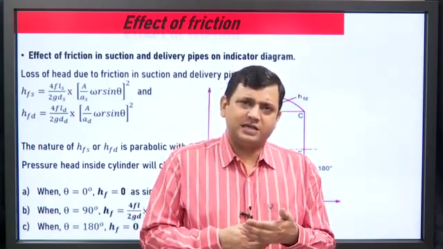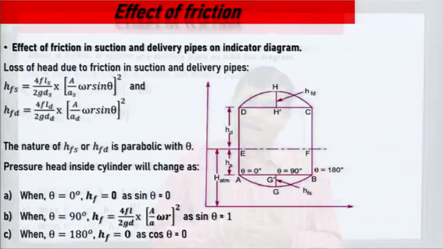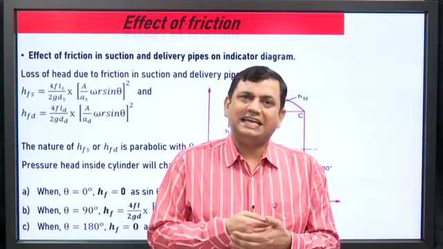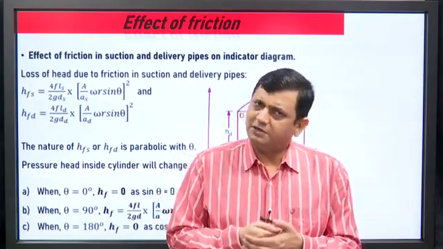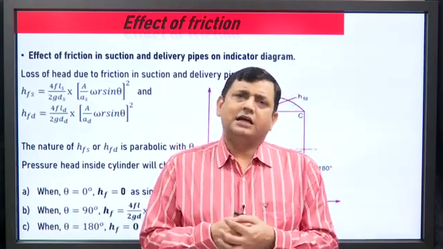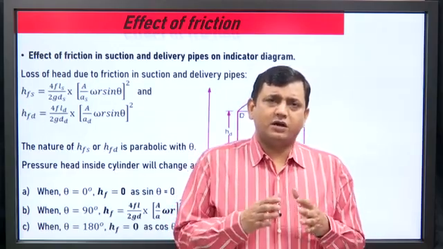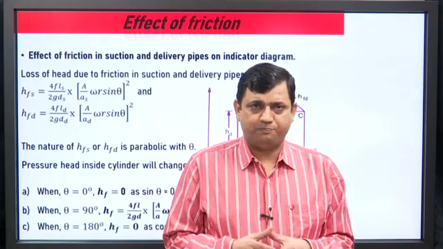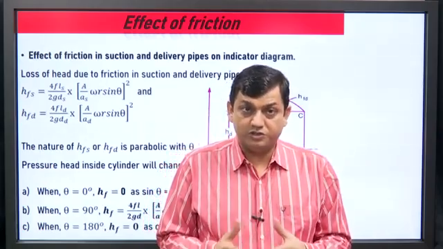So at the beginning HAS is positive, at the middle of the stroke it is 0, at the end of the stroke it is minus HAS. Similarly for the delivery stroke, at the beginning HAD is positive, at the middle of the stroke 0, and at the end of the stroke HAD becomes negative. We drew the effect of acceleration, and we also discussed that the work done is the same, because the area remains the same. So there is no change in the work done in the indicator diagram.